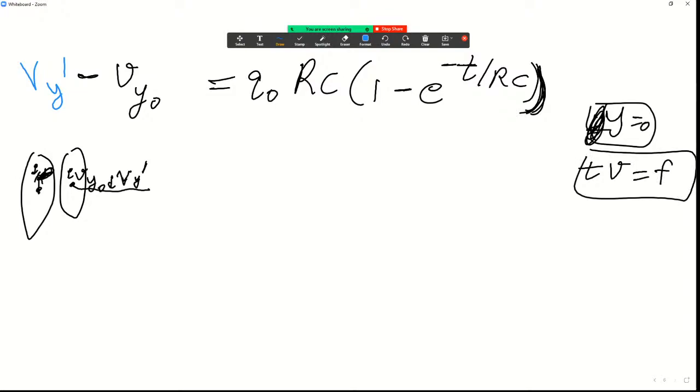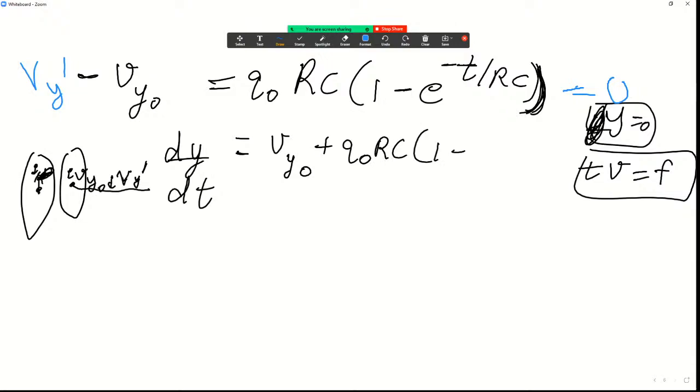Okay, so just set this to 0. We have to write it as dy by dt equals Vy 0 plus Q naught RC times 1 minus e to the power minus t by RC.